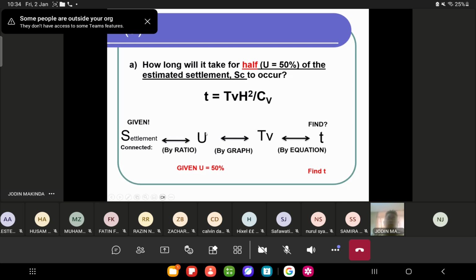So first use U, the one given, to find time factor TV, then use time factor TV to find time by equation. So you move to the right side, from the given to the find. Remember this flow equation.